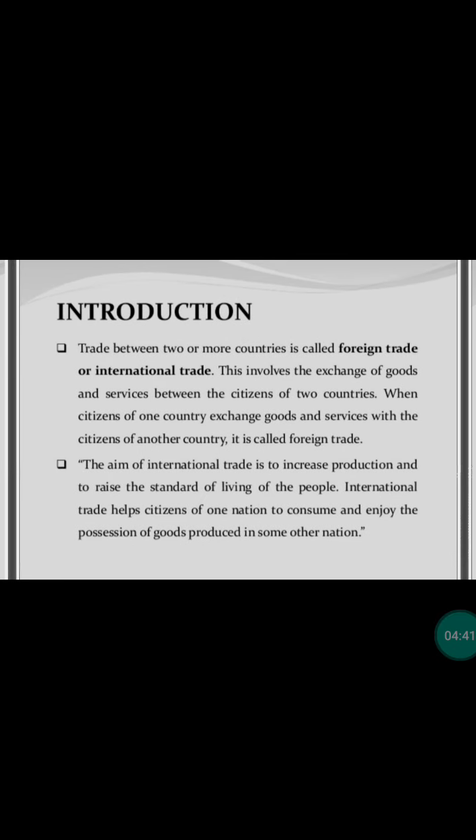Internal trade is the trade within the country across different regions. Maybe trade between different states of a country or between different districts of the country. So internal trade means trade within that country, across geographical boundaries within the country.